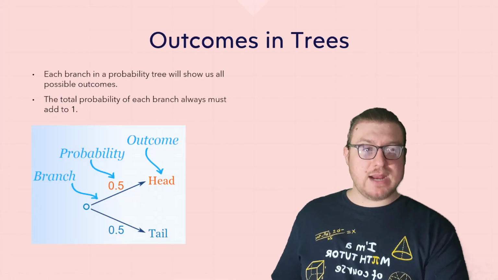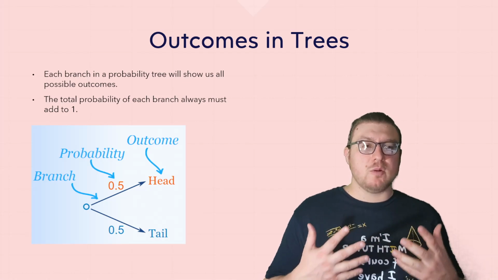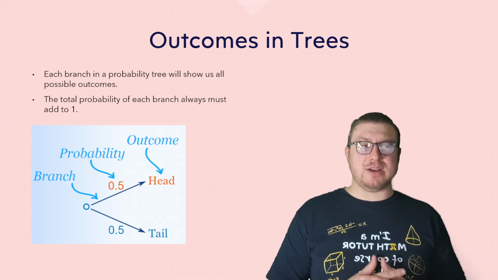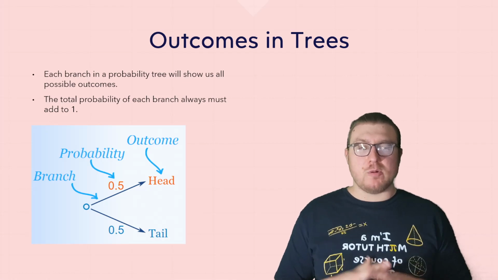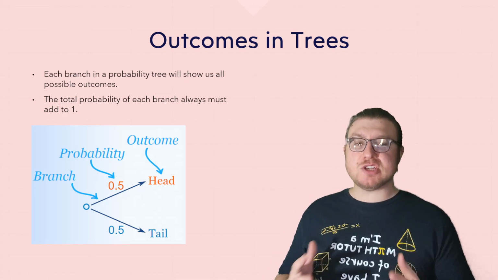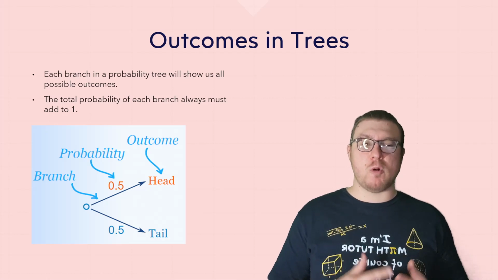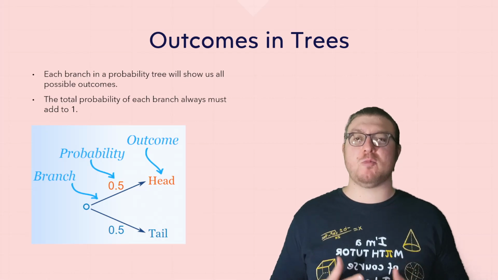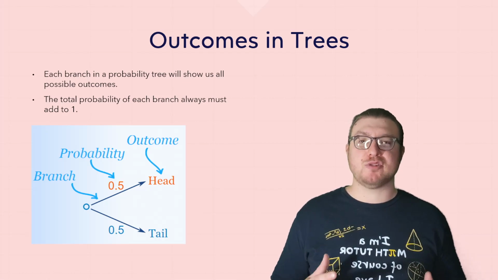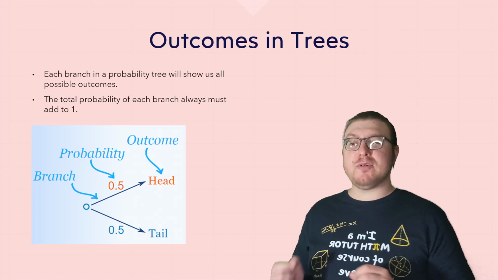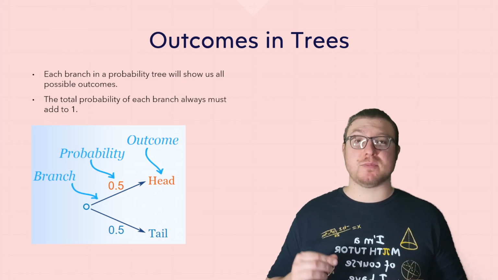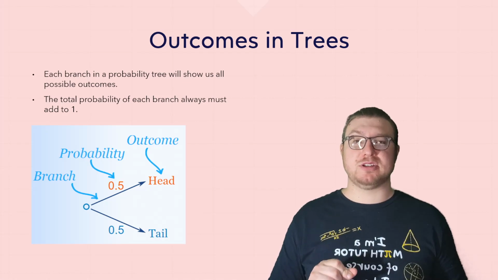Cool, let's have a look at the next one. What are the outcomes in a tree? Where do we put them? When we structure our tree, each branch will have the probability of 1. So the probabilities that we are going to have here have to add to 1, because every outcome that is possible, we're going to have to put in the probability tree.